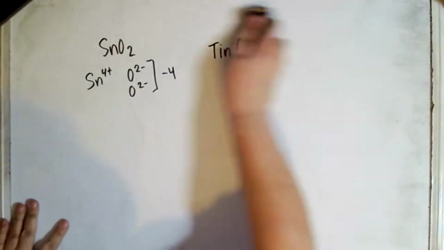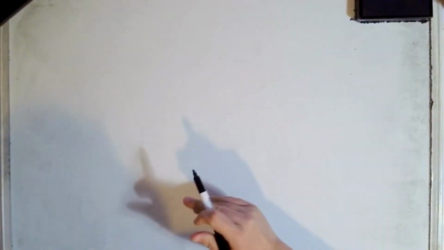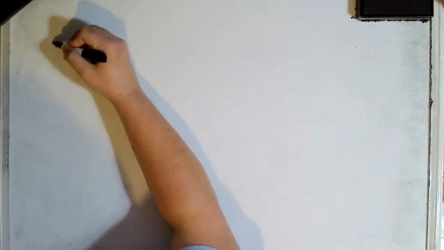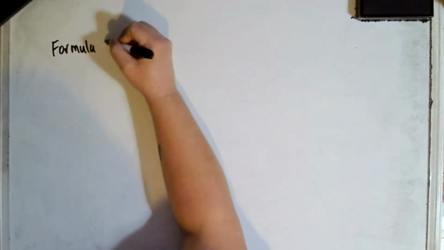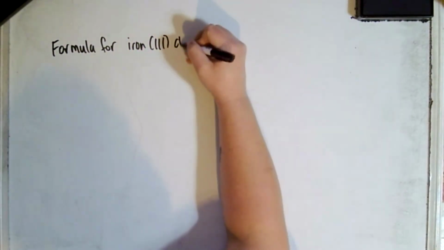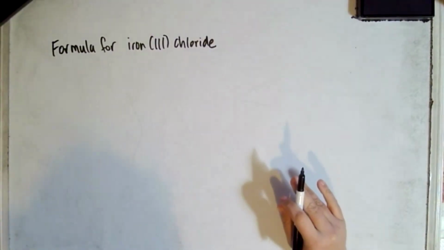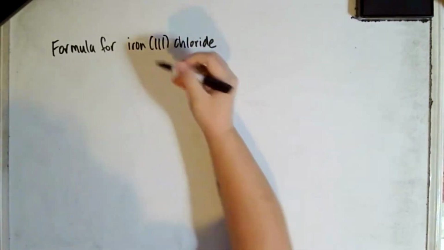The first example they give us, and we already looked at finding the name of this from the formula, but now we're going to see the reverse. If we want to find the formula for iron 3 chloride, okay, just watch what this process is, because for finding the formulas, it's not bad at all because they already gave us all the information that we need here.